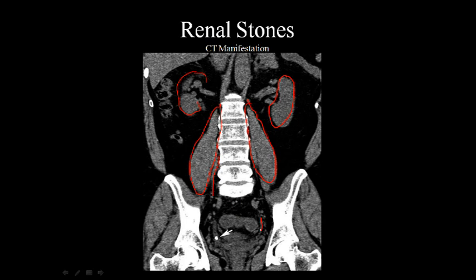We lose it. We have the ureter here, and we have the ureter here. This is what we're looking for: a stone lodged around the UPJ or UVJ going into the bladder. Typically that's what you're going to look for.